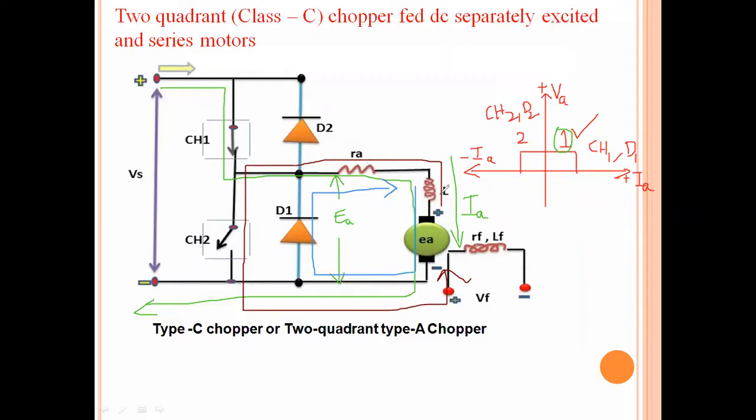So this is freewheeling action which is done by chopper switch 2. So the current is opposite compared with the previous direction. In the previous case the current is this way, but now the current is in the opposite direction, which means negative current. Why? Because now the load is generating the energy and feeding back.